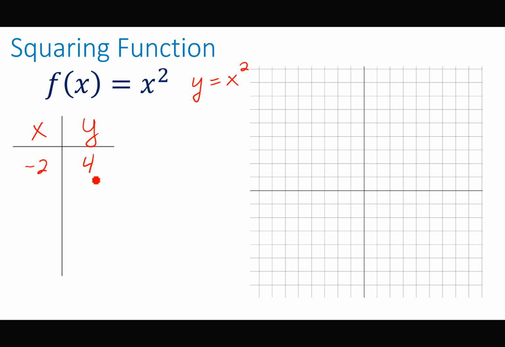Y then would be a +4. If I'm at 0, I end up with 0 as an output. If I'm at a +2, I also end up with 4 as an output. So this creates my parabola here. So 2, 4, and 2, 4. It looks like this.